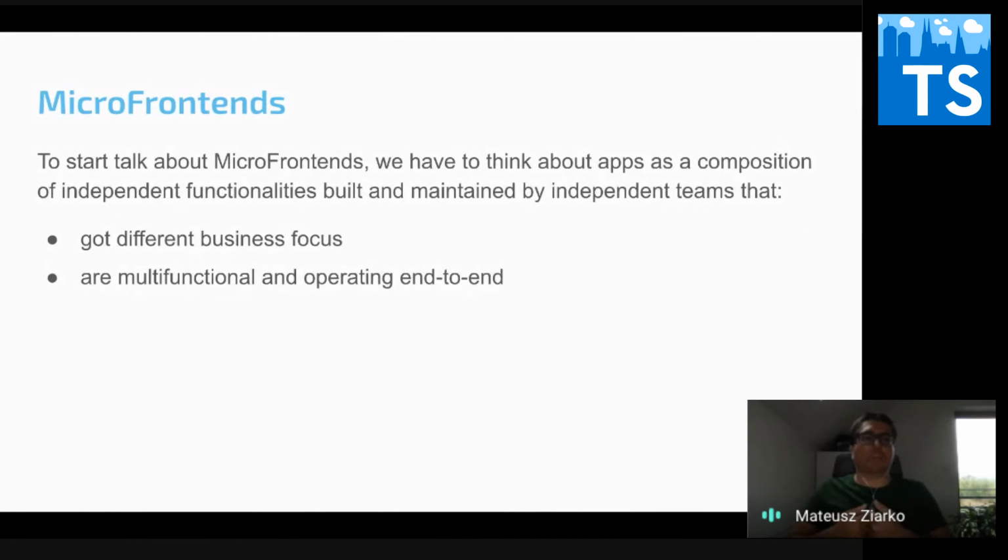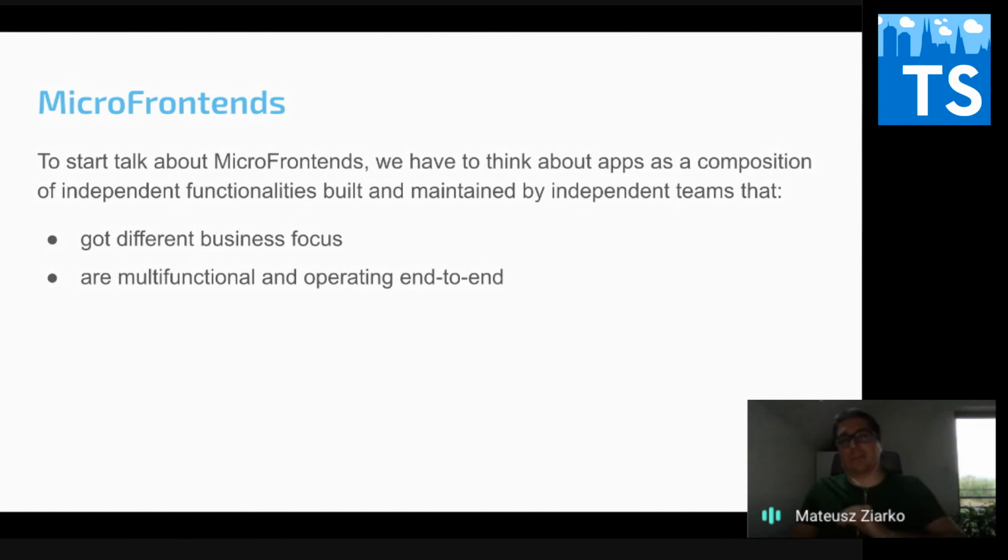Why? Because imagine that you are building the huge e-commerce. So it's impossible to get all business domains knowledge in one place. There have to be separated teams responsible for different areas. So that's the real use case for micro frontends. Each team have to also operate end-to-end and be multifunctional.